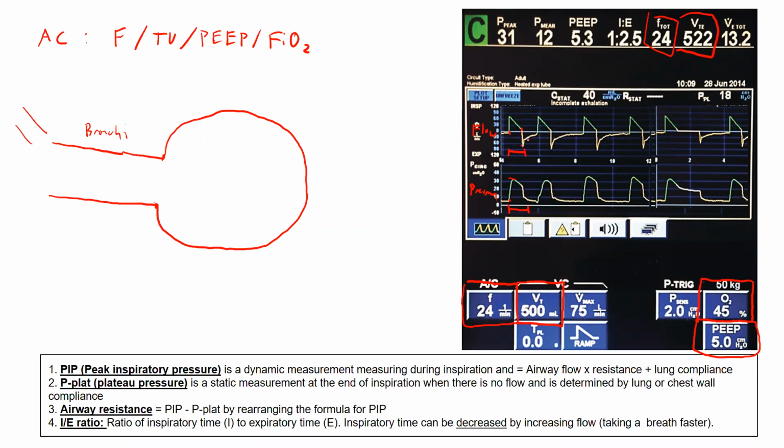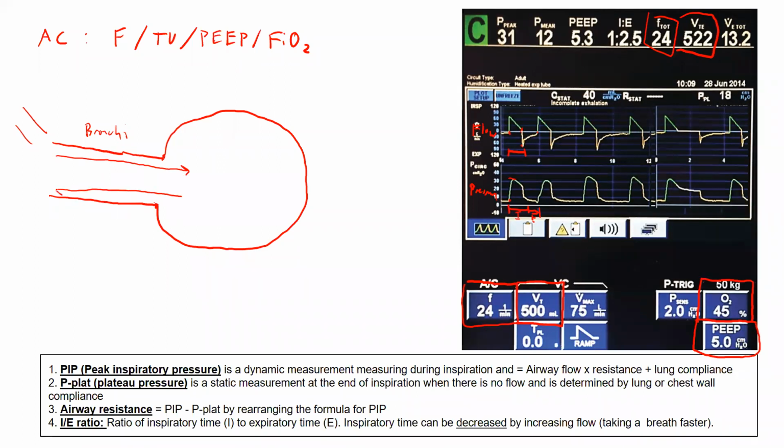Then they stop breathing out here, and they restart that again. You can see that on the pressure curve as well. Here's your inspiration, and right here is your expiration. So remember, breathing in, inspiration, and then breathing out.